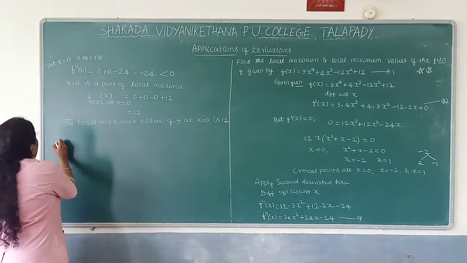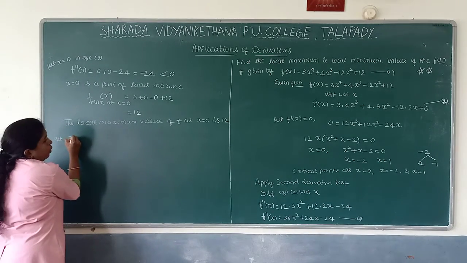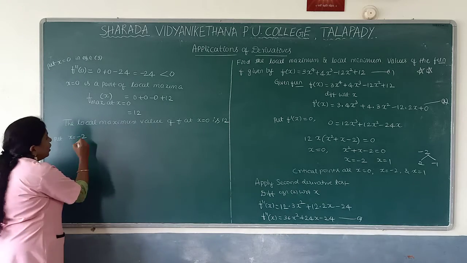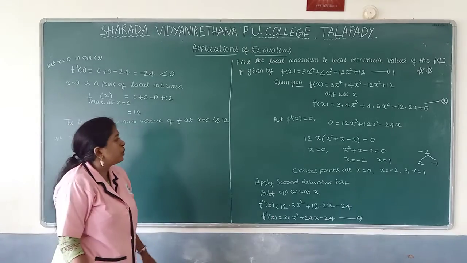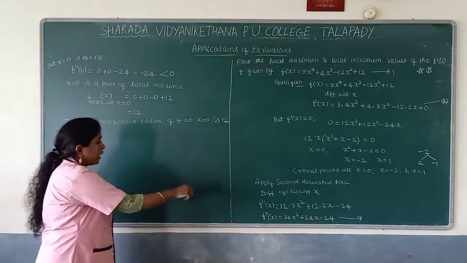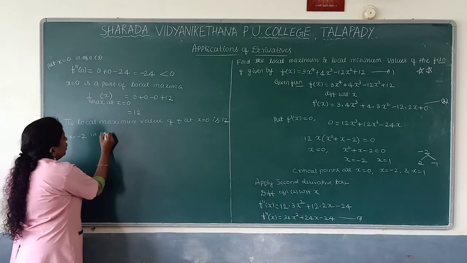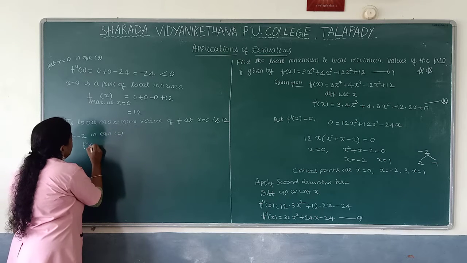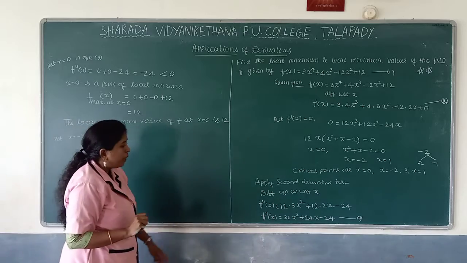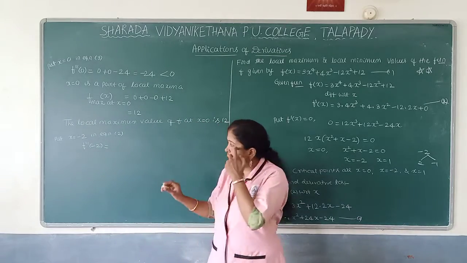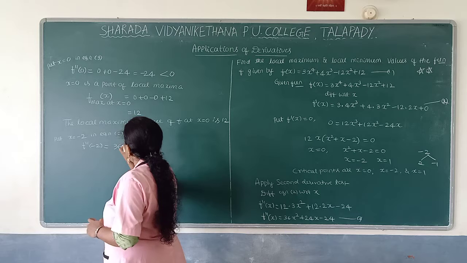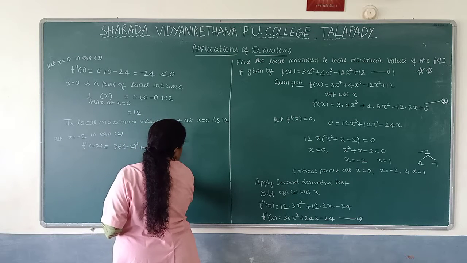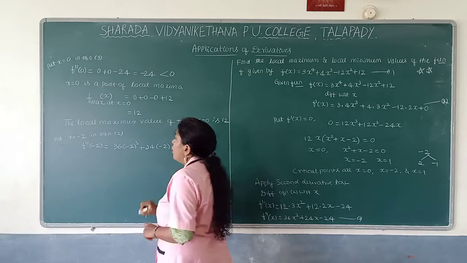Next, the next critical point is minus 2. This minus 2 we should substitute in the second derivative in equation 2. We'll get f double dash of minus 2 is 36 into minus 2 whole square plus 24 into minus 2 minus 24.